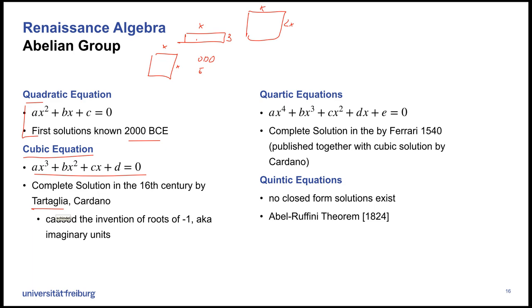In order to prove that you're the smartest guy in town, you would send a letter to some other mathematician at the court of the place where you wanted to become a mathematician and ask, can you solve this riddle? I can. And they were sending letters to each other with small tasks or large tasks.